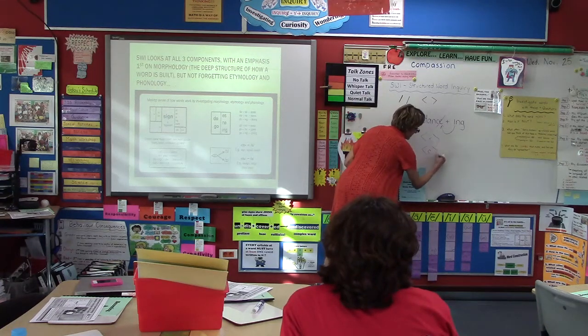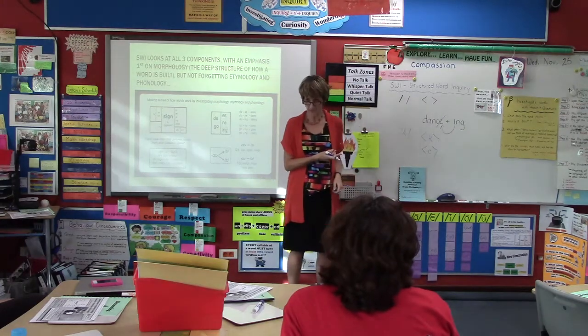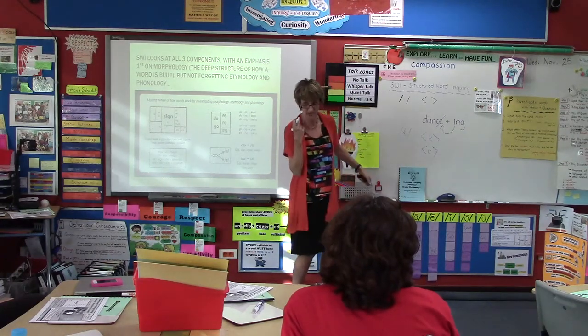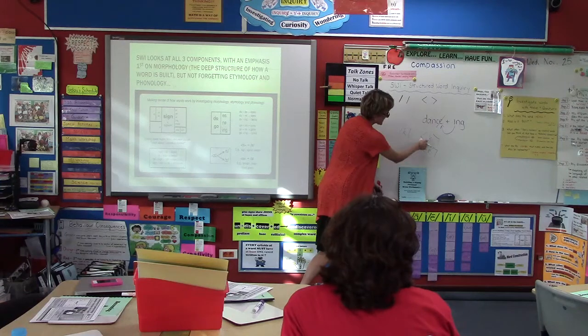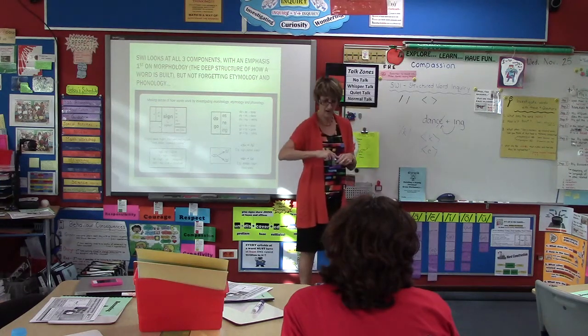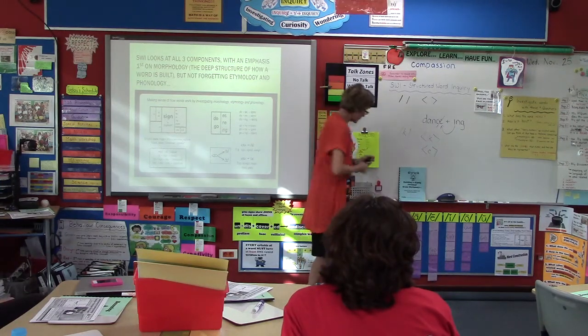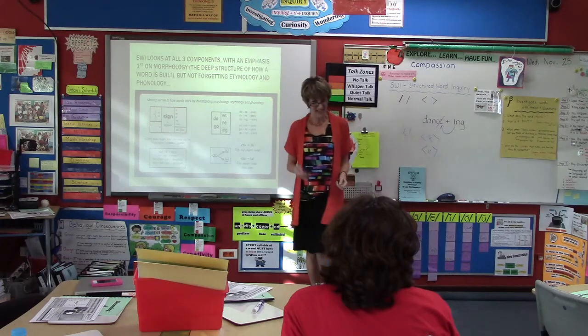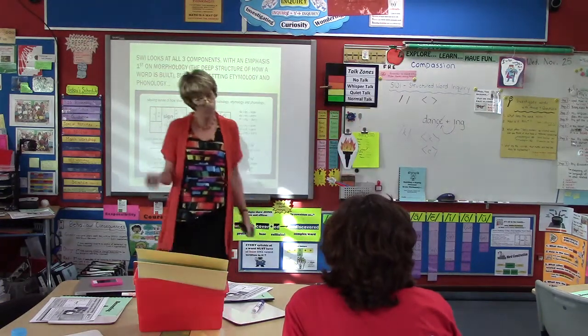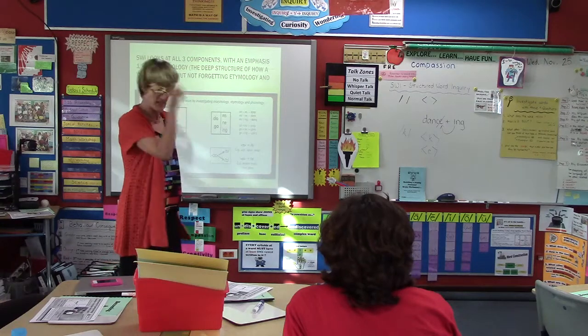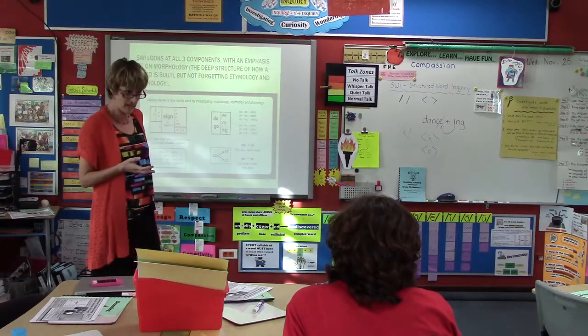Guess what? There's another way to represent that sound on paper. And so this is what spelling's all about. Or English is all about. It's beautifully elastic and flexible. And it is all because primarily the number one priority is that it's all about meaning.